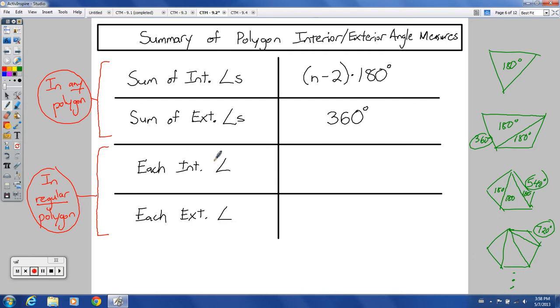If we're finding the measure of each interior angle in a regular polygon, so think of it, again, let's not write this down, but if I drew a regular pentagon as best as I can freehand, these are all the same then, and all these angles are the same here, here, here, here, and here, and they're all adding up to 540, which comes from 5 minus 2 times 180.